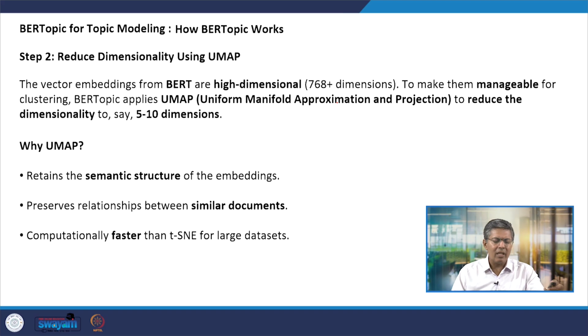The method is like factor analysis, if you remember. Our whole job was to reduce the dimensions, and factor analysis was helping to reduce the size or the dimensions. Let us say here we will go for 5 to 10 dimensions. Why UMAP? UMAP retains the semantic structure of the embeddings, preserves the relationship between similar documents, and is computationally faster for large data sets.